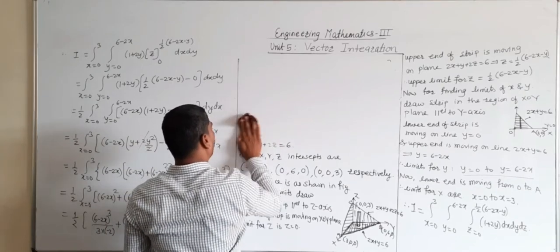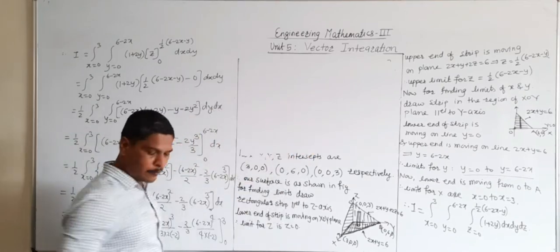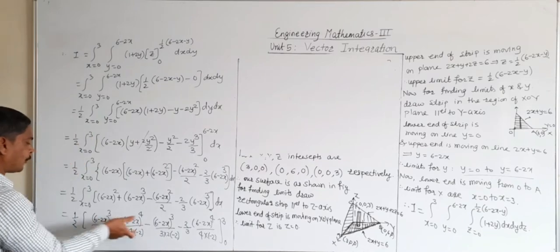After putting the limits, before that I will take minus 2 common, because minus 2 is contained in each fraction.